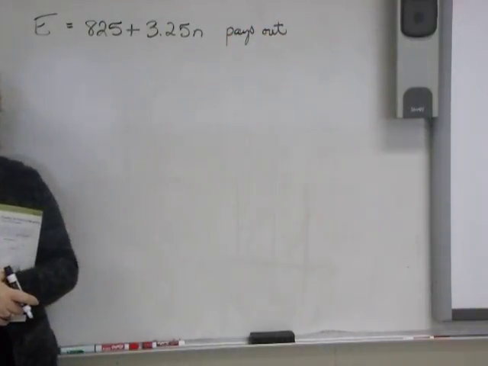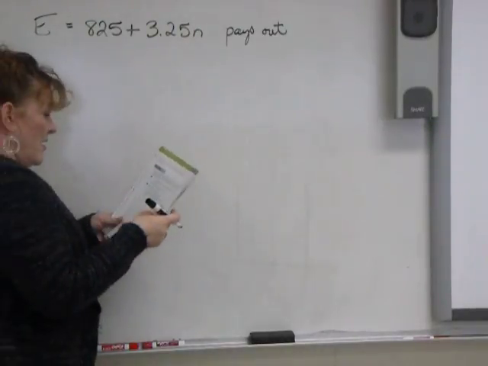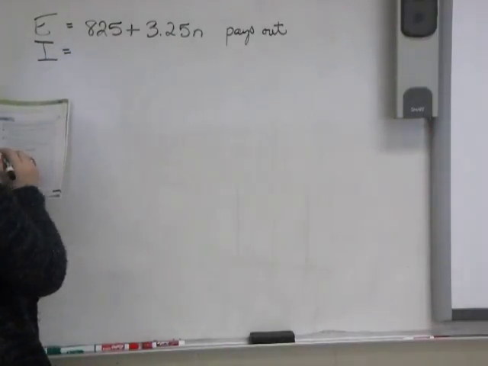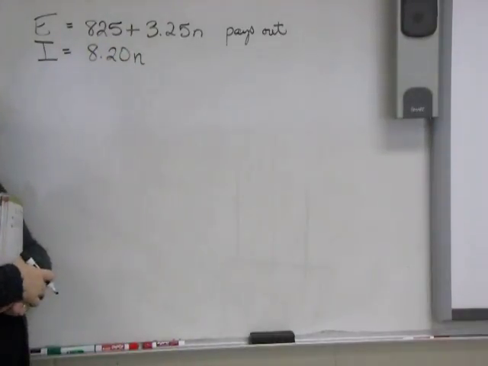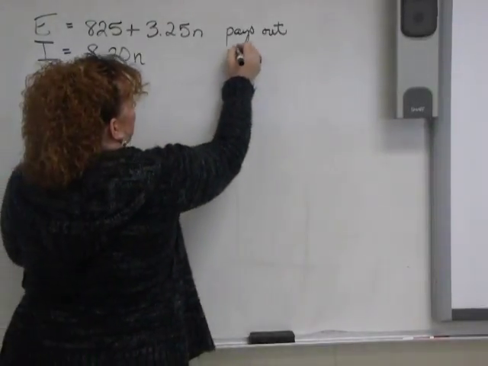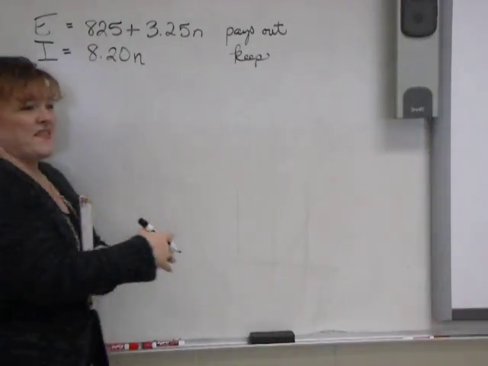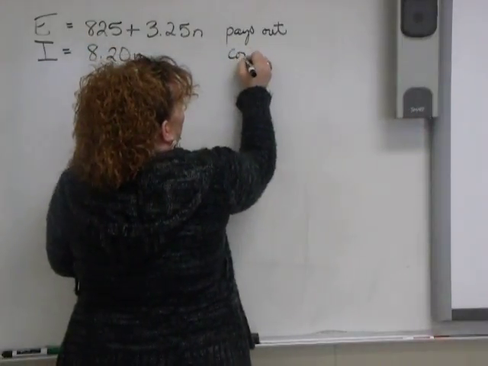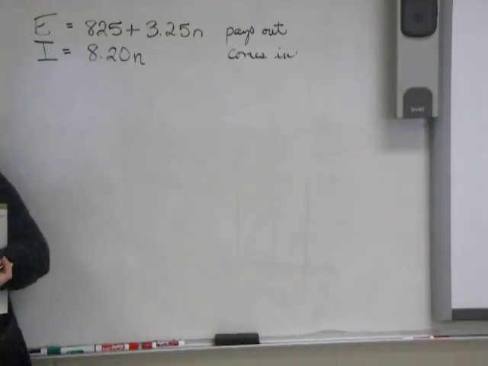They don't get to keep that. The income for selling N number of cakes is 820 N. And this is the money that comes in. I'm not saying they're going to keep it because they may use it to pay out, but this is money that comes in. So you have expenses and income.